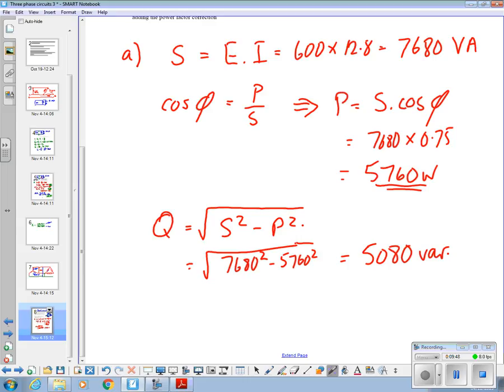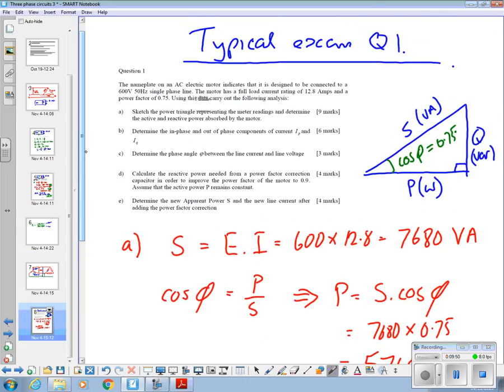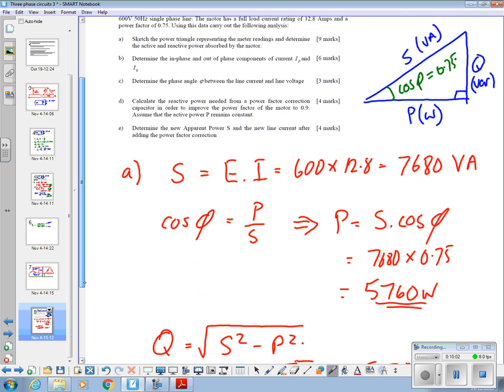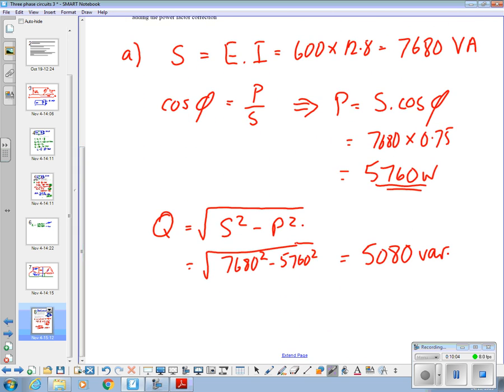Okay, so part B. Determine the in phase and out of phase components of current, IP and IQ. What does this really call for, do you think?